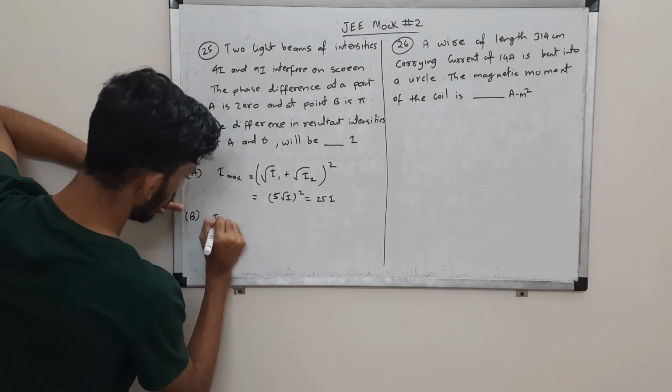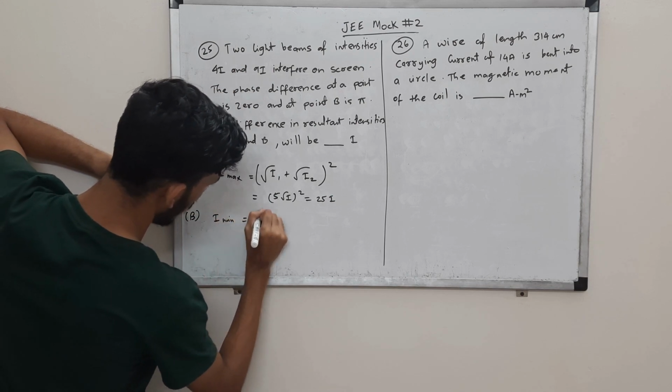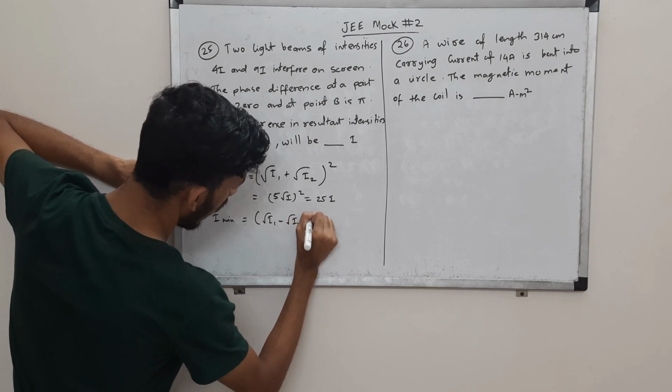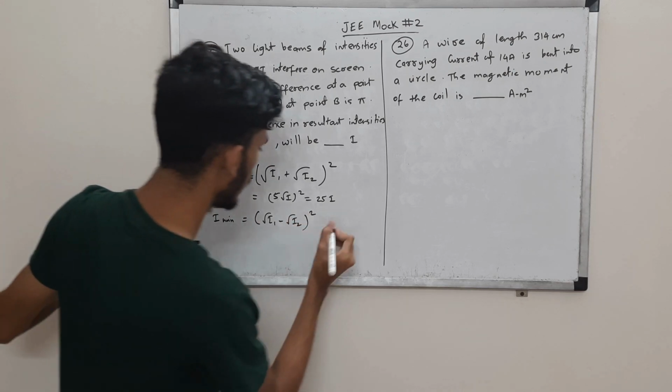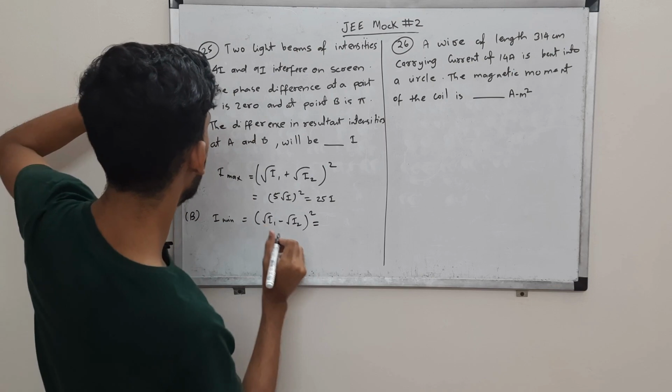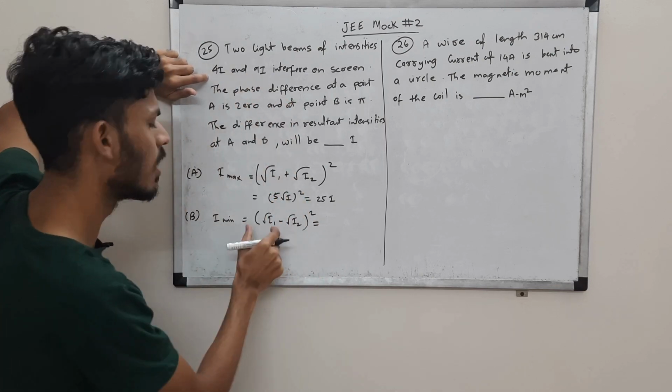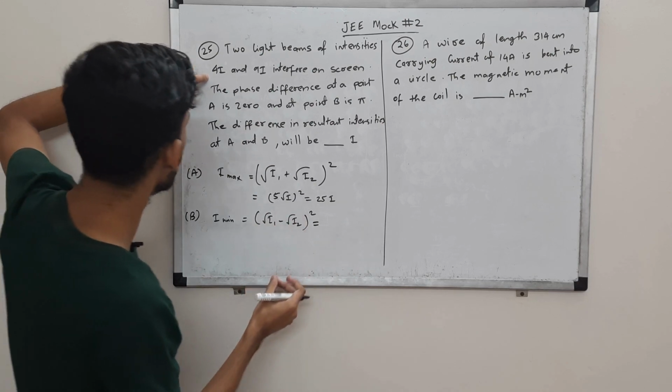Similarly at point B, minimum intensity is given as square root of I1 minus square root of I2, and that whole squared. So this will be 3 minus 2. We'll take this as I1 and this as I2. Even if you get minus, that is squared anyway.